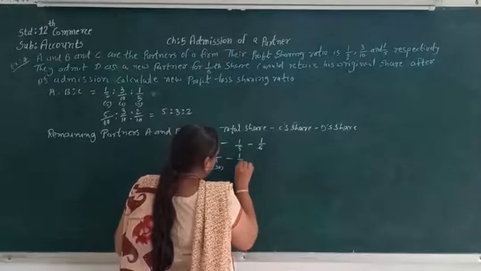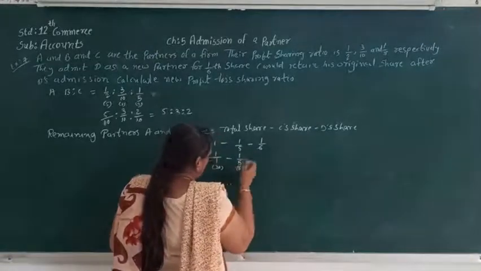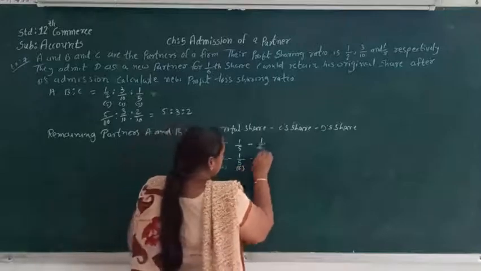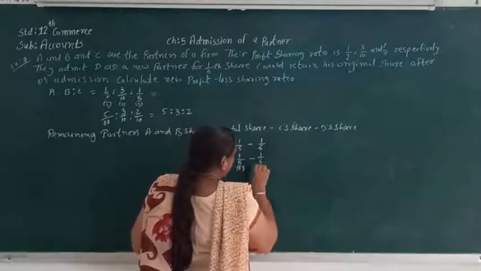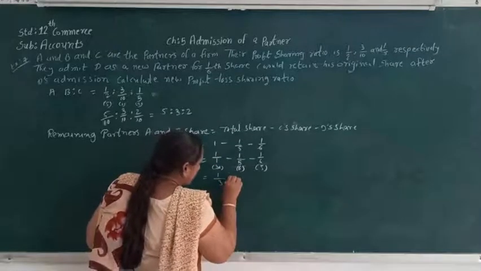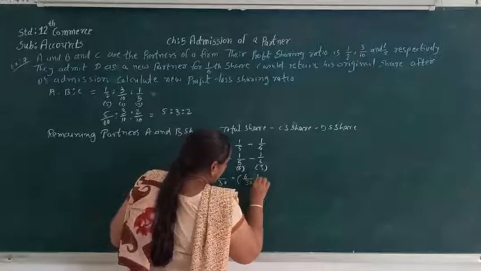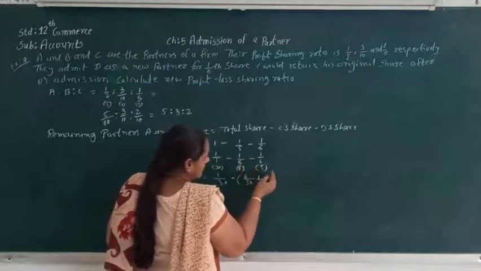So here 30 by 30 minus 6 by 30 minus 5 by 30.